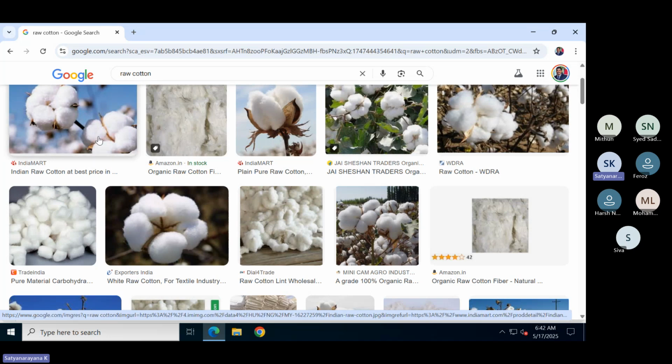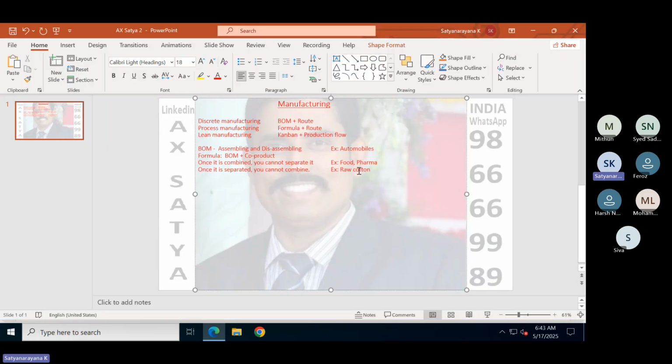From the cotton seeds, we can separate cotton oil. And once the cotton oil is separated, some powder remains, that chemical is used for fire-related items like matchboxes, as it is easily fired. So from raw cotton we separate cotton, then cotton oil, and then some powder that is used in fire-related production. So once it is separated, you cannot combine.